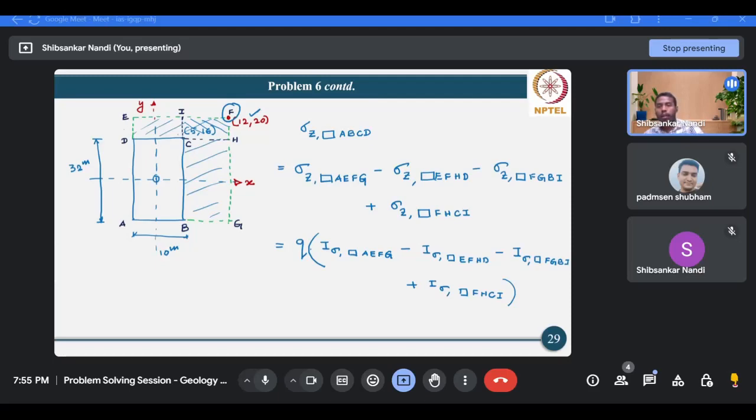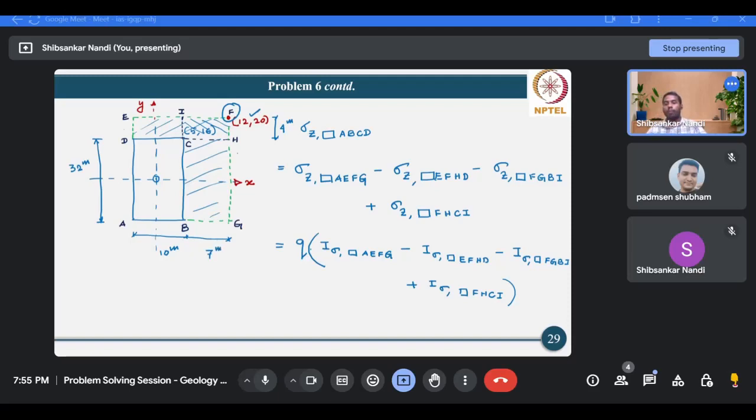Now for this rectangle, what is the length and what is the width? This dimension is 4, because this is 5 and 16, this is 12 and 20, so 20 minus 16 is 4, and this is 12 minus 5.